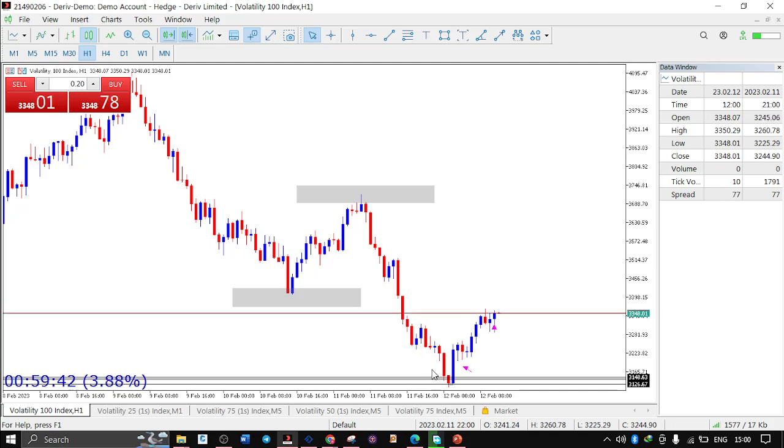Then this one is support. Prices came, and this support prevented the prices from pushing lower, so it turned and went up. That is the difference between support and resistance.